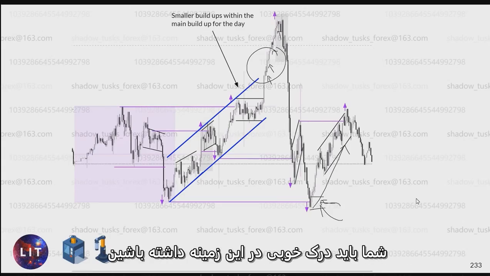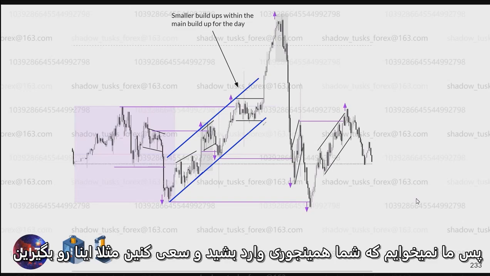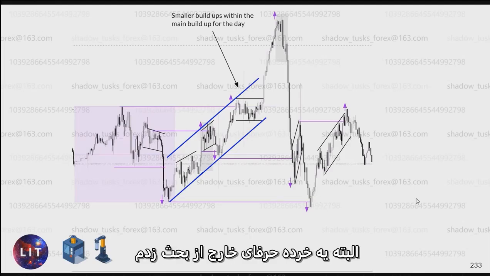You need to have a good understanding of this. It takes a lot of time and a lot of practice, so we don't want you to just jump in trying to take these, because you will get burnt quite a bit. All right, little tangent there, sorry about that.